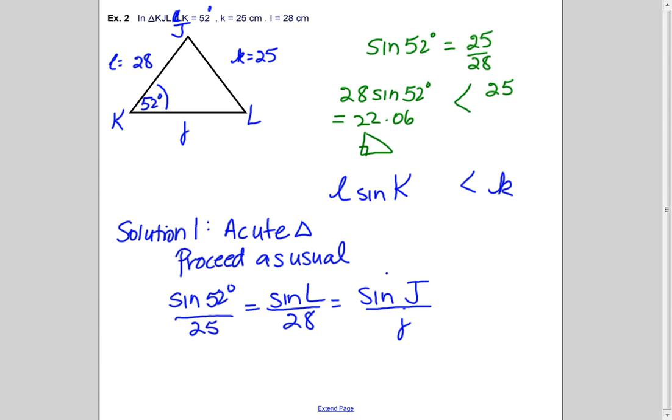And I want to solve the triangle. So this will take us a little bit of work, but we're going to solve this ratio first, and then we can proceed to solve for J and little j.